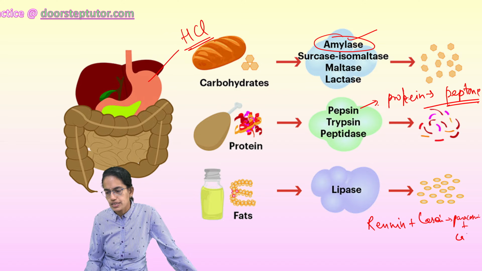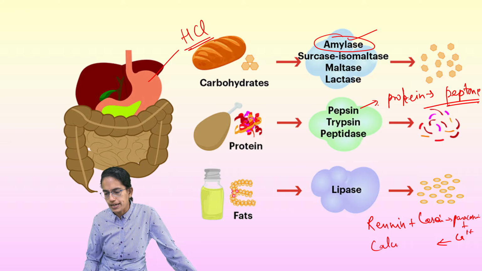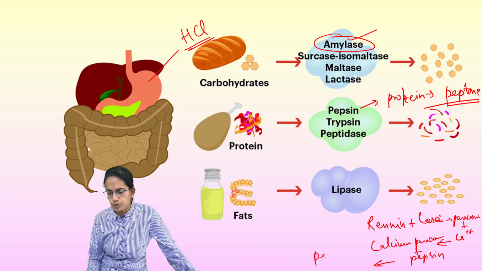Paracasein combines with calcium and it forms calcium paracaseinate. Now this calcium paracaseinate combines with pepsin again and gives rise to peptones, protease and polypeptides.